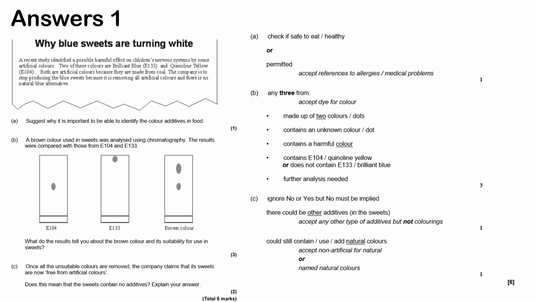You could then also say that it contains E104, or it contains quinoline yellow, or it does not contain E133 or brilliant blue, because there's no spot that matches to the E133. And then the last thing you could say is further analysis is needed, and I think that's an interesting point because we have discovered that it contains E104, but we haven't discovered what the second component is, so further analysis might be needed to decide if that's safe.